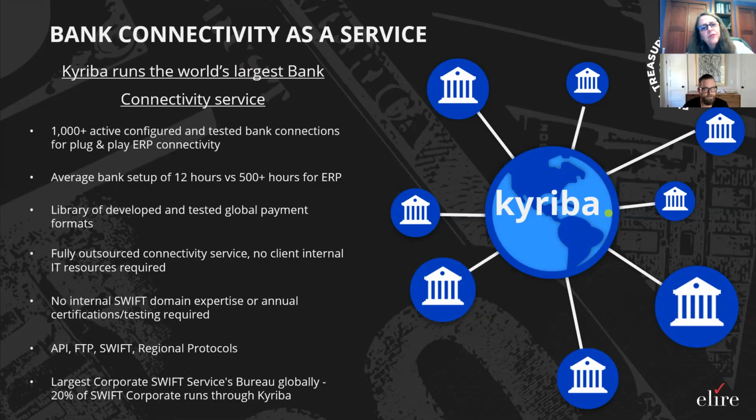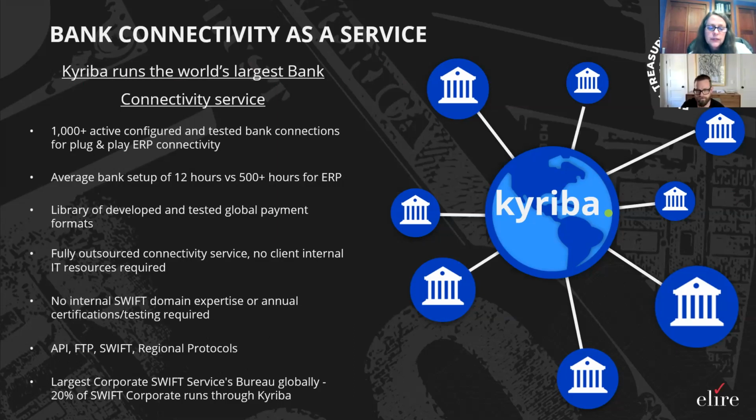There are a number of different connection methods that we can use. Logan already talked about Swift. We do offer Swift as a white glove service or Swift as AL2. We resell the AL2 service through Swift. We also do a number of direct-to-bank, host-to-host connections, whether it be through APIs or through SFTP. We also offer connections to regional networks.